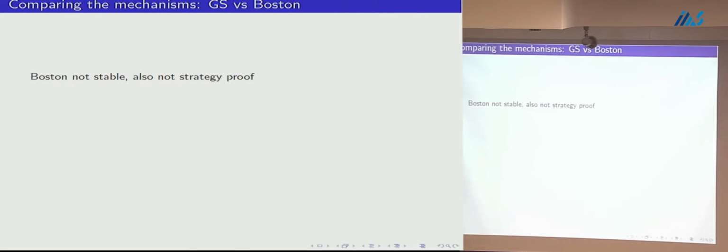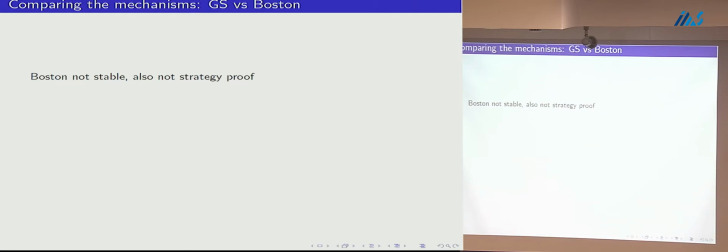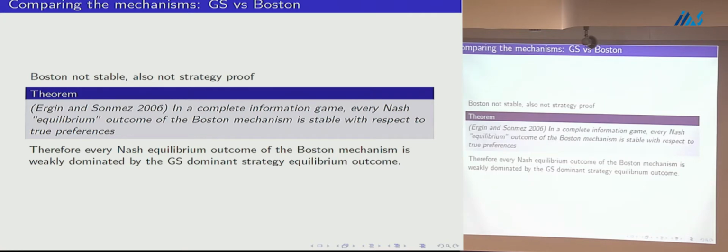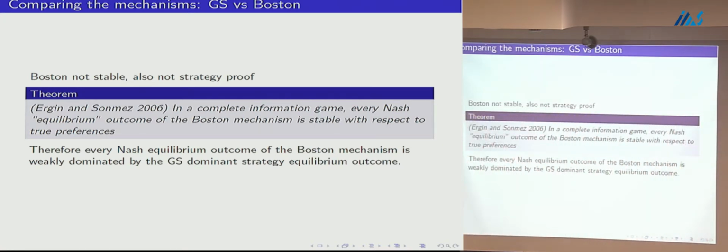So how about the Boston mechanism, the one that was replaced by Gale-Shapley? We know that it is not stable, but it is also not strategy proof, which means parents are going to play a game, an information revelation game. In the complete information game, the Nash equilibrium outcome of the Boston mechanism is stable with respect to the true preferences.